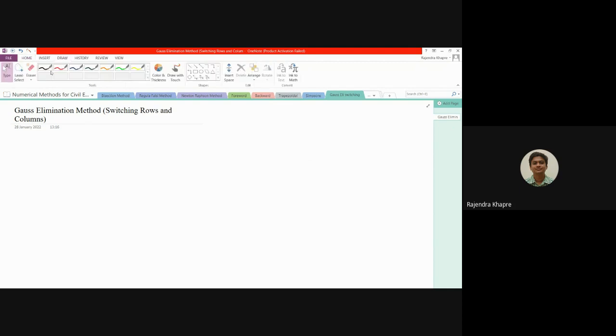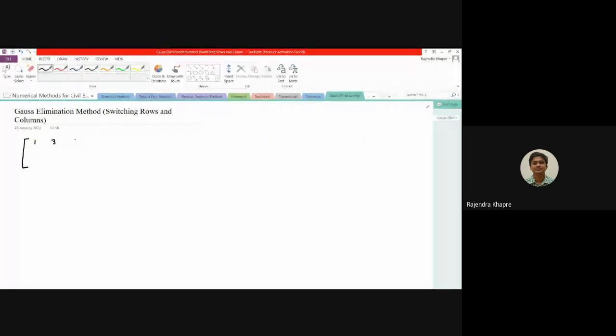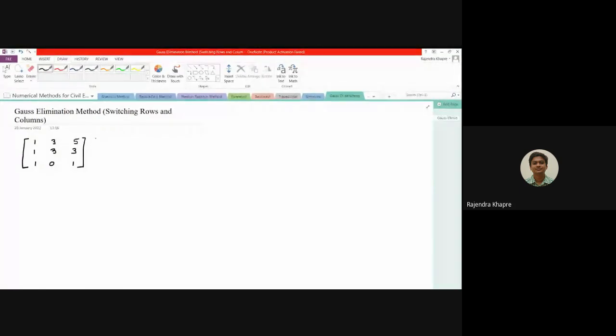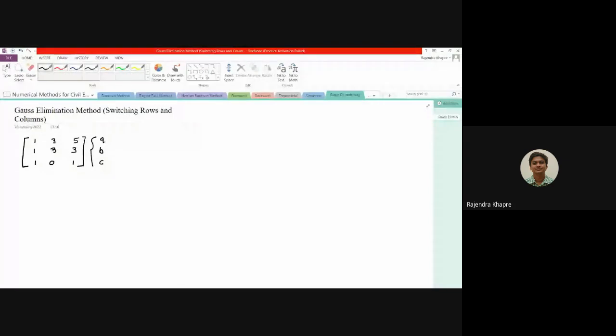So I have, let us say, a simple 3 by 3 matrix. This is 1 3 5, then we have 1 3 3, and this is 1 0 1, and this is multiplied with an unknown vector, let us say a, b and c.